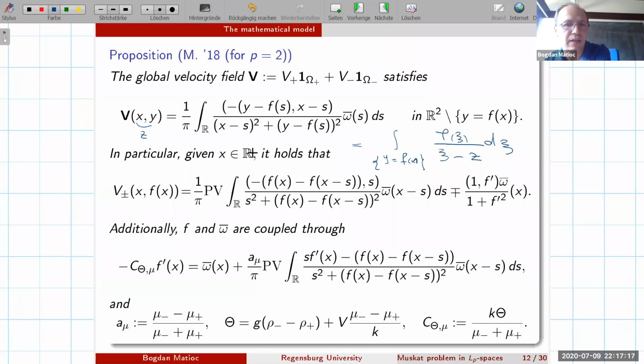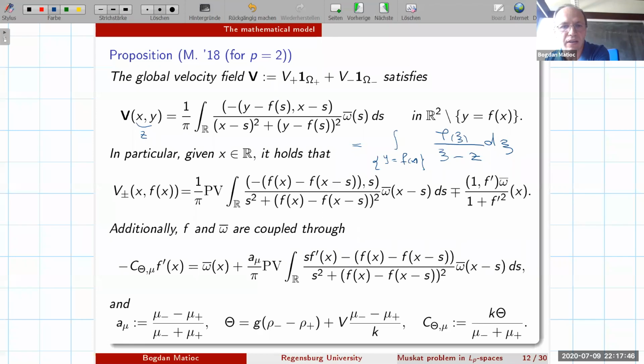So this velocity field has one-sided limits, which we denote by v plus and v minus on the interface, and they are given by the same formula as above, but now we have a principal value here. So we replace simply y by f of x, but now we have a principal value because this point z is a point on the interface, that is x, f of x, and the integral is singular.